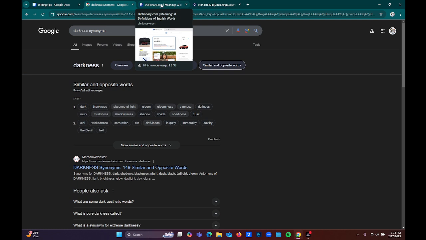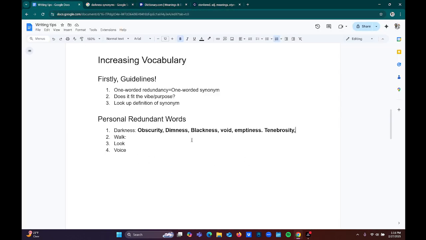Do not like that. But yeah, we managed to get some more. But here are some that I have found over the years of looking for synonyms, just to avoid using the word darkness.